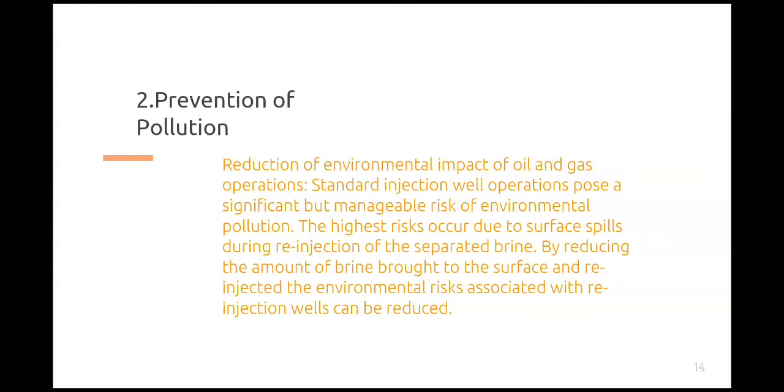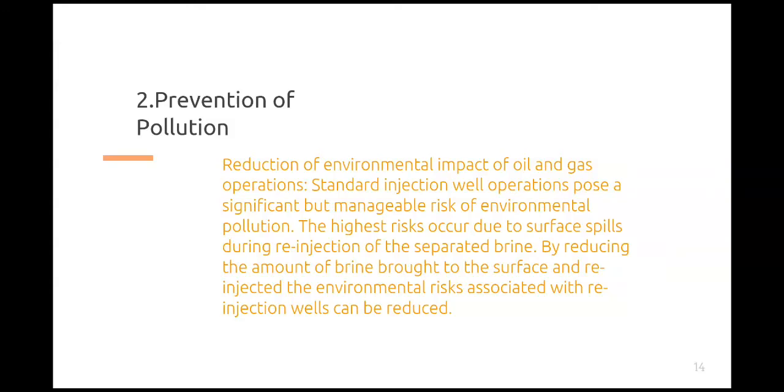Second, prevention of pollution. Downhole separator technology can reduce the environmental impact of oil and gas operation. Standard injection well operation poses a significant but manageable risk of environmental pollution. The highest risks occur due to surface spill during the injection of the separated brine.